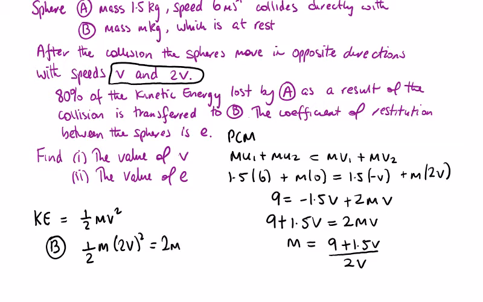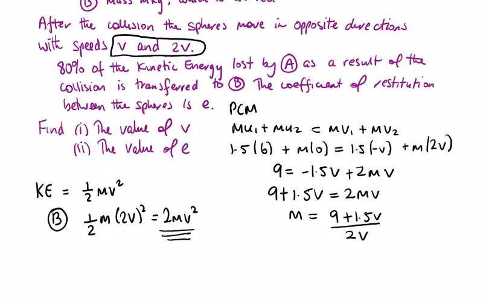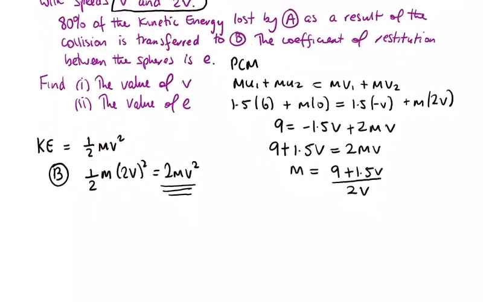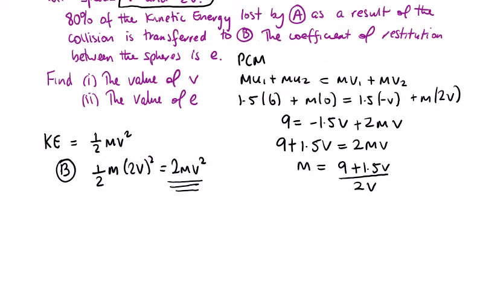So 2mv squared is the kinetic energy that B has. So let's see what 80% of the loss of A is, and then these two things are going to be equal.